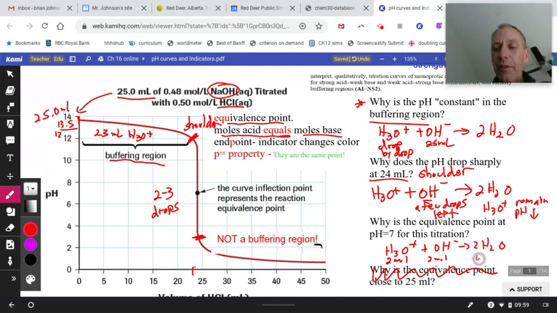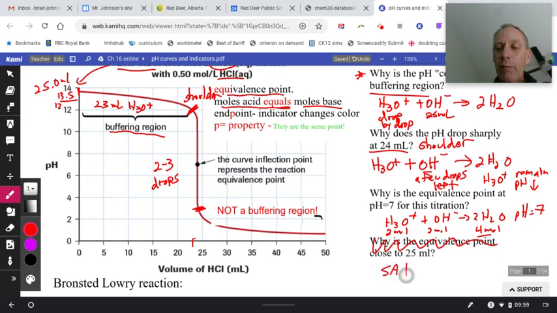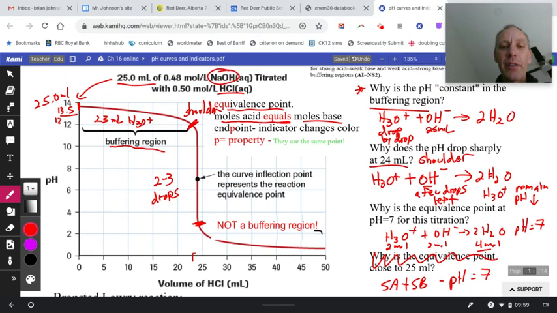And if this was balanced, it would be 4 moles of water. And water has a pH of 7. So when you titrate a strong acid plus a strong base, you always get a pH of 7 when the acid has neutralized the base, the equivalence point.